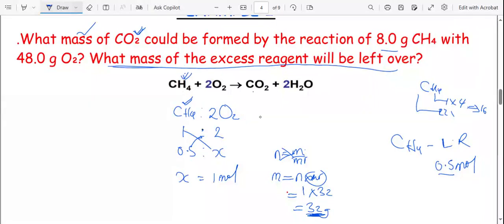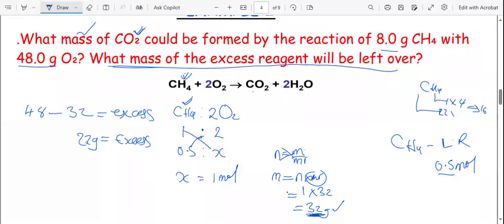So now what remains is the excess. What mass of the excess reagent will be left over? We have this which was used in the reaction, and the rest was excess. So we subtract from what was put in, which is 48 minus 32. Then what remains is the excess. Excess is equal to 22.